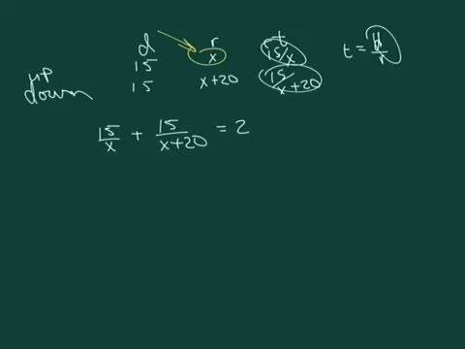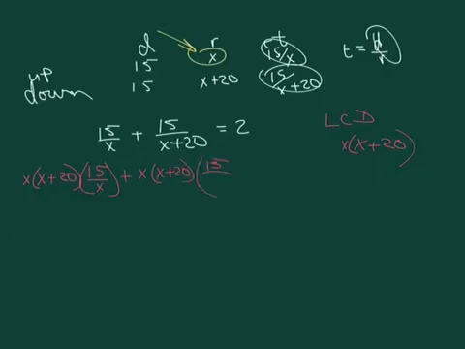All right, so least common denominator, x and x plus 20. So x times x plus 20 is my least common denominator. And each one is going to be multiplied by x times x plus 20. And your fractions will disappear.